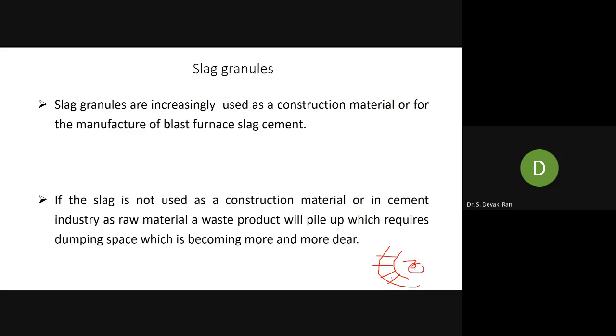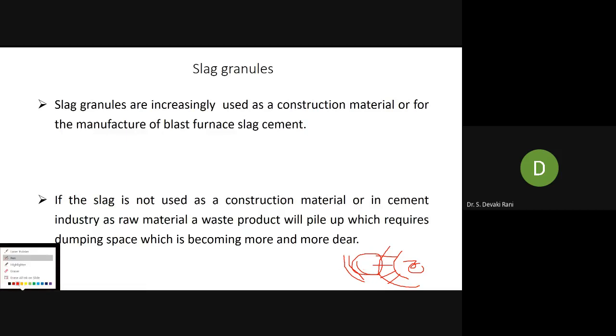Instead of the refractory lining, if you can use glass wool, the thickness is only this much. So the capacity of the furnace is more, and since glass wool is the insulator rather than refractory, the furnace will be lighter.